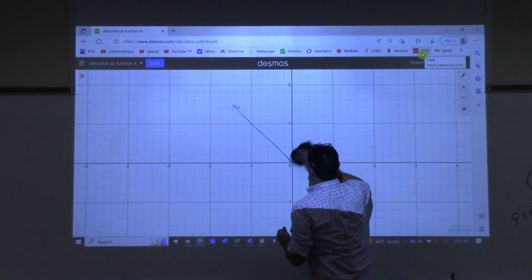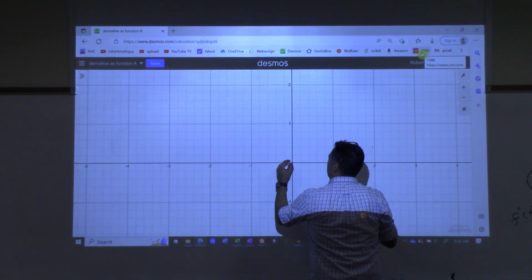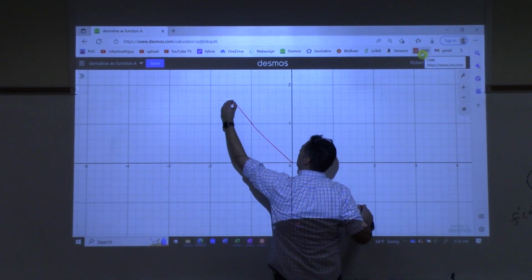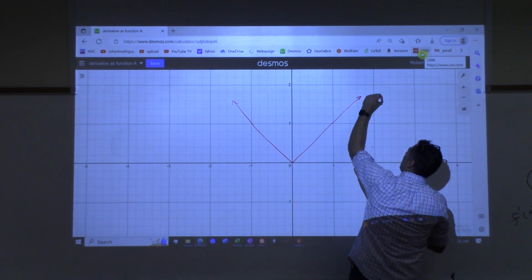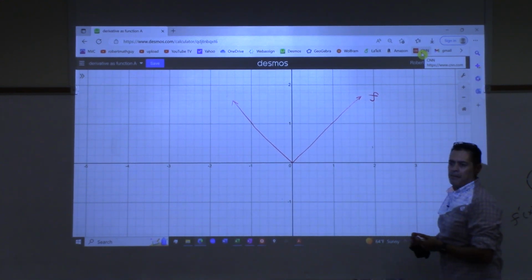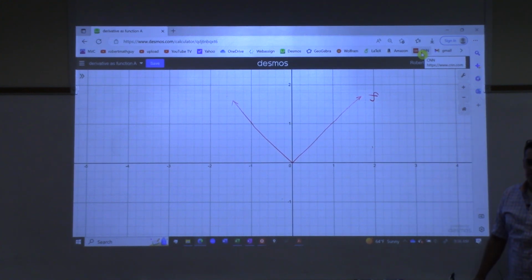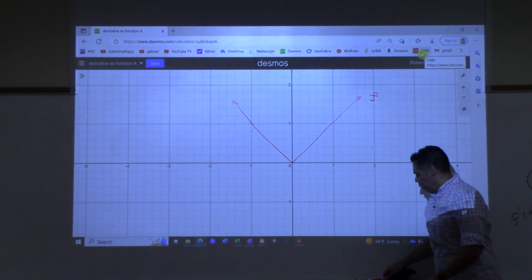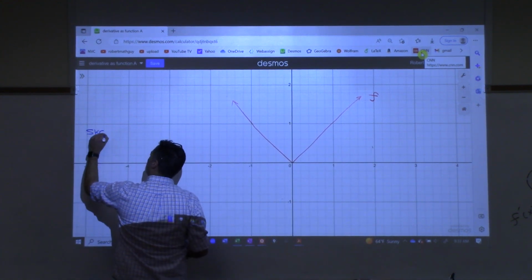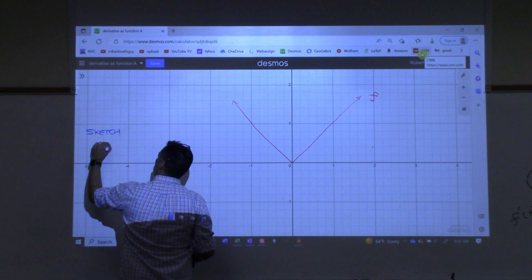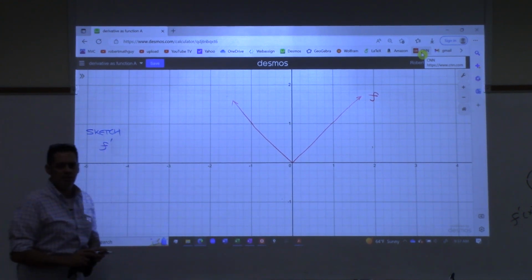I'm going to do that again. I want to stay with the same colors. Okay, so the original function goes like this. I'm going to say that that's the function f, all right? There's the drawing of your original function f. The instructions here are to sketch f prime. Sketch the derivative.